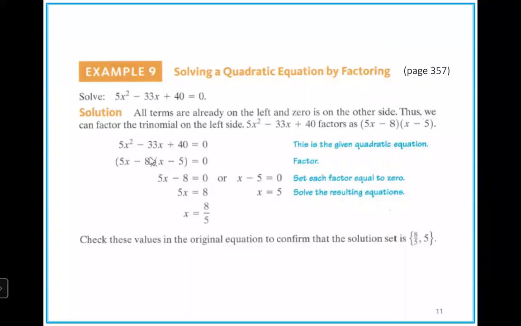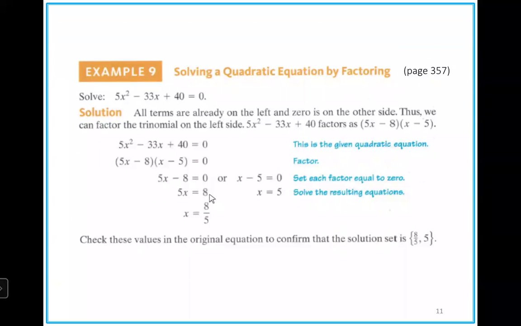Same procedure again, we're using the zero product principle. So 5x minus 8 is 0, or x minus 5 is 0. If 5x minus 8 is equal to 0, then 5x would be equal to 0 plus 8, which is 8.